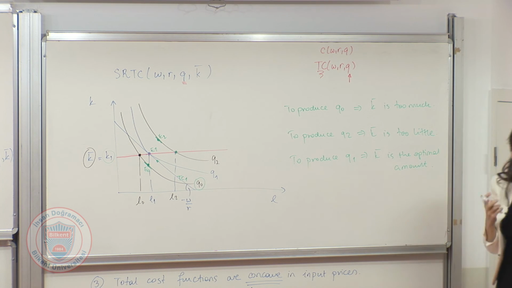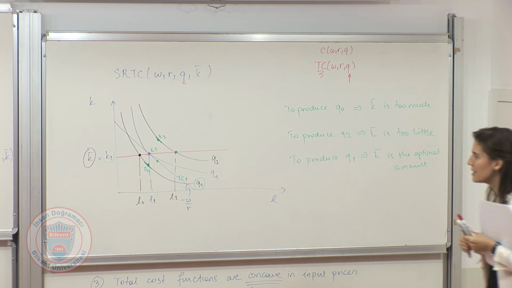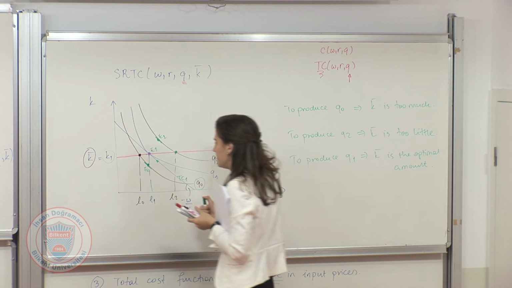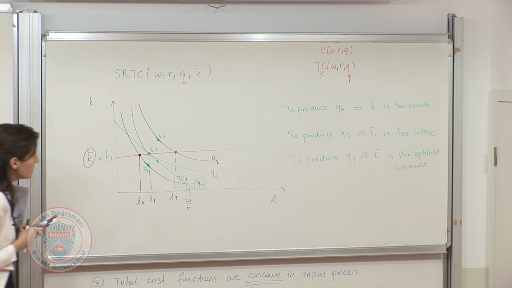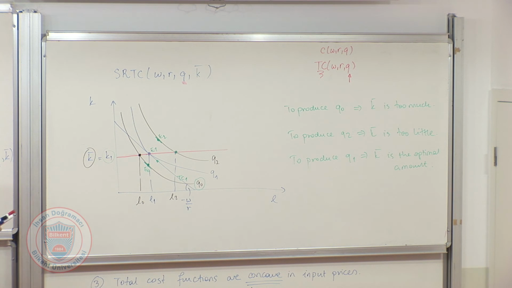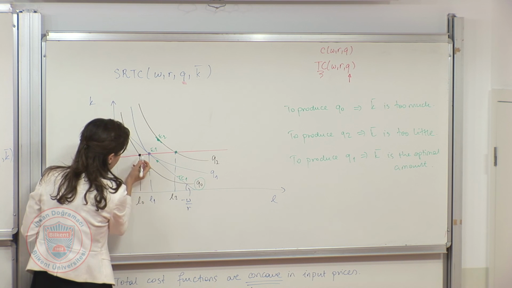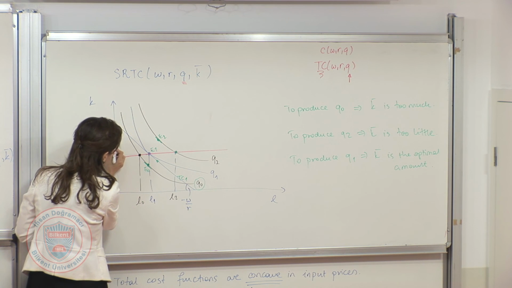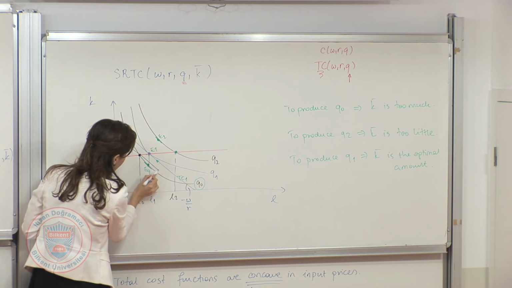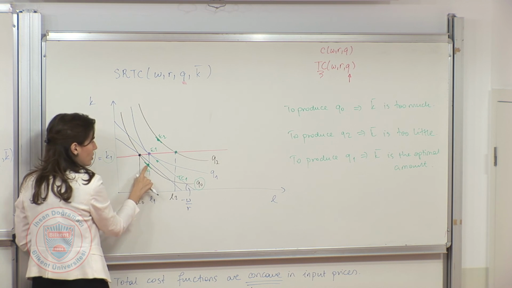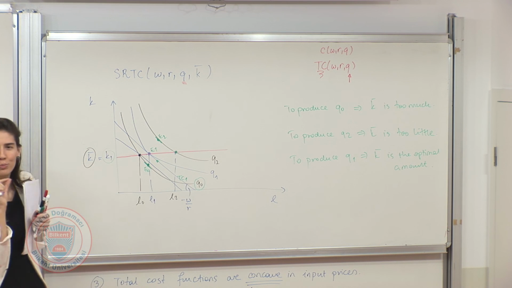Okay? So you see, this is the problem. So it's going to be E0, and the total cost curve going through this point would be this. Whereas you could do better, the total cost could be lower.